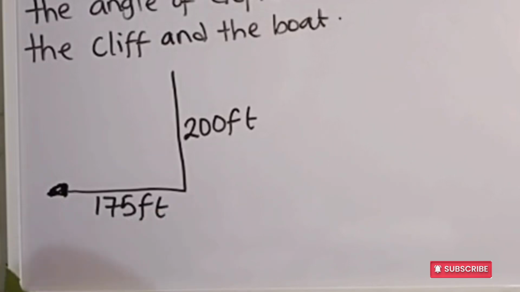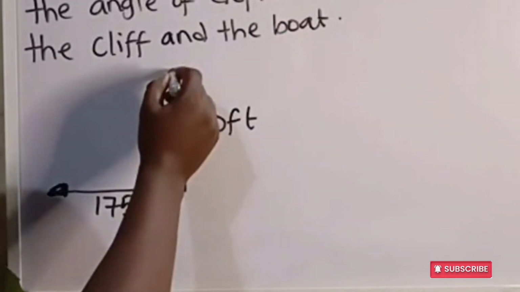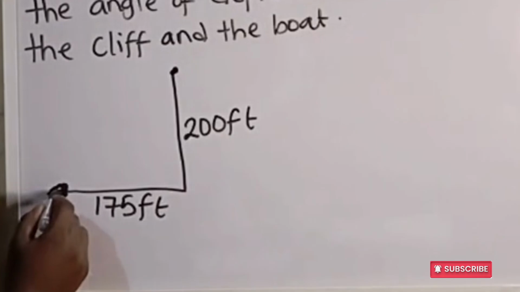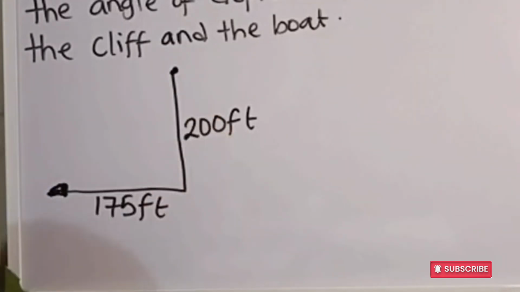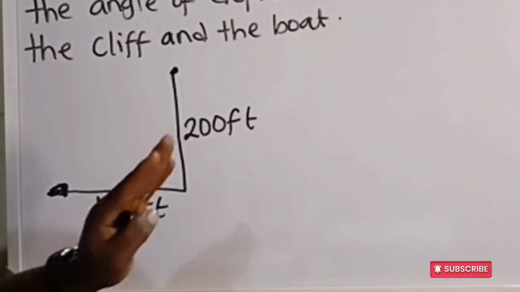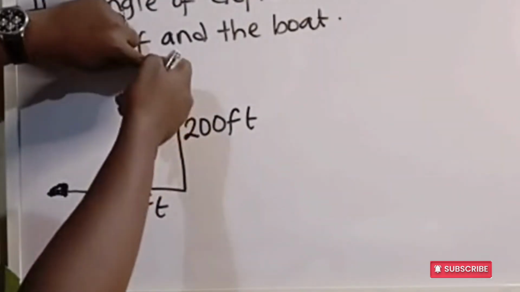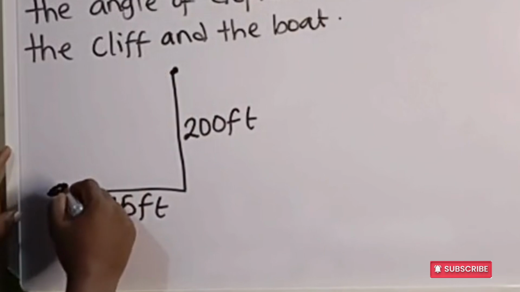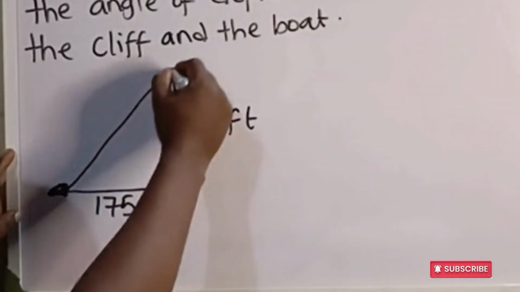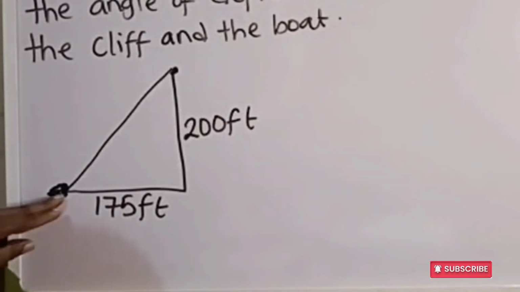So now they're asking us, what is the angle of depression? The angle of depression is formed if somebody is standing here and is looking at the boat. So somebody is at the top of the cliff and the person is looking at the boat. The person is not going to look up, the person is going to look down. So there will be a line of sight from the person's eyes to the boat.